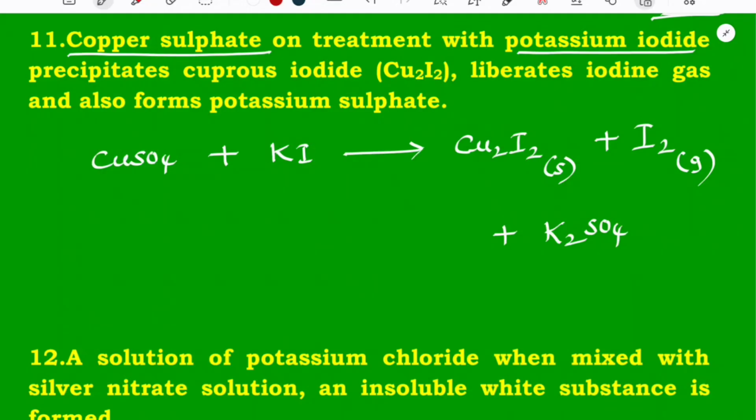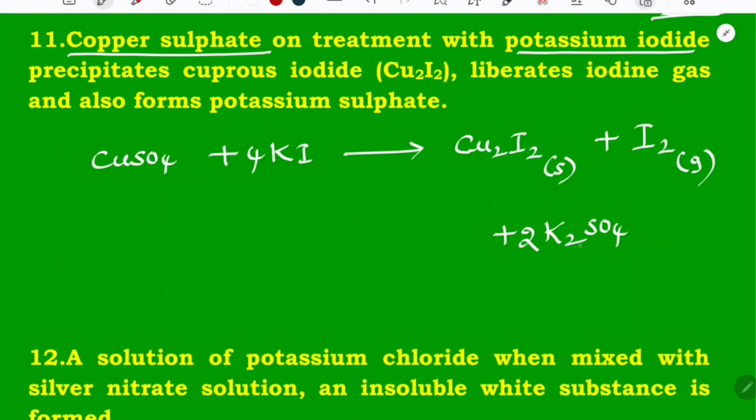See Cu2. So automatically we can keep 4 here, 4 I kept, so it is automatically I2. 4 iodines are balanced. Then potassiums, I'll keep 2 here. Potassiums balanced or not? Yes, potassium balanced.